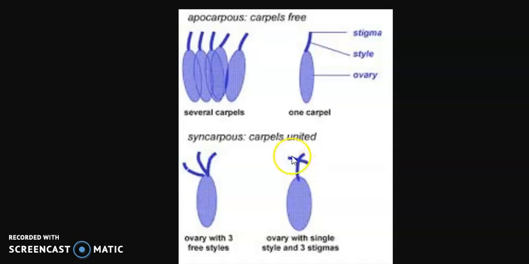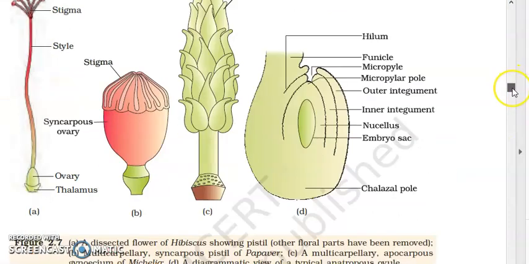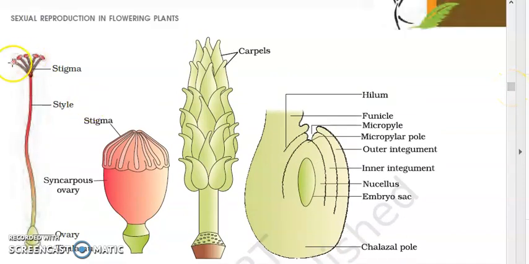We have seen this kind of condition in many flowers of our day-to-day life. I'm sure we have all seen hibiscus or shoe flower with its pentacarpellate condition, right? It is even drawn in your NCERT textbook. So the syncarpous condition and apocarpous condition are something you must prepare for your NCERT terms.